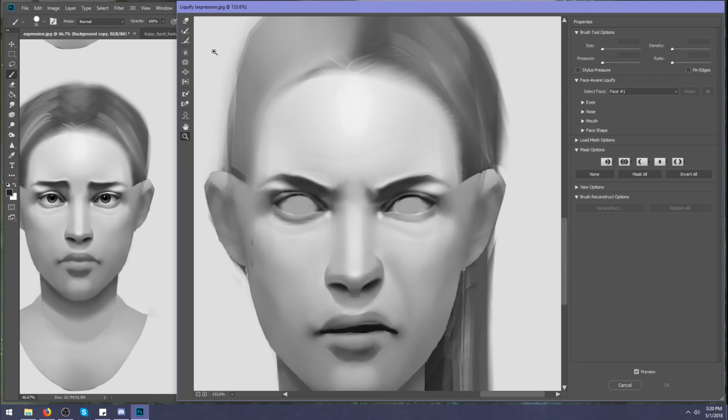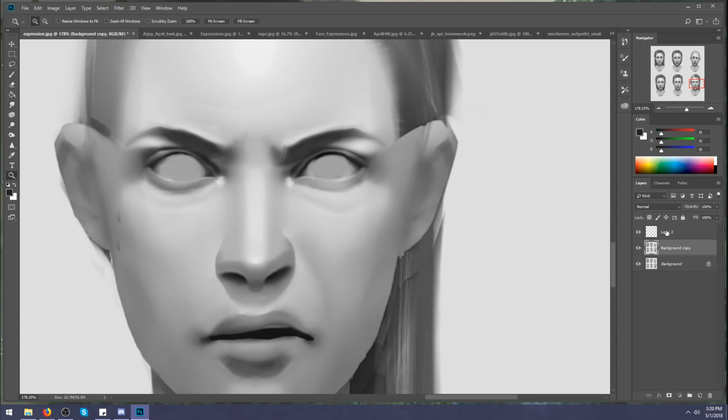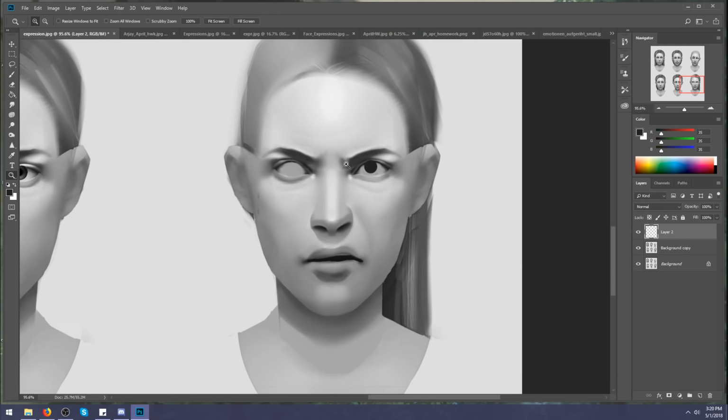So I'm going to open up the eyes a little bit more, and that'll create a nice bed for me to add the pupils. And then I'm going to add them looking at something nearby. So this is some intense rage.